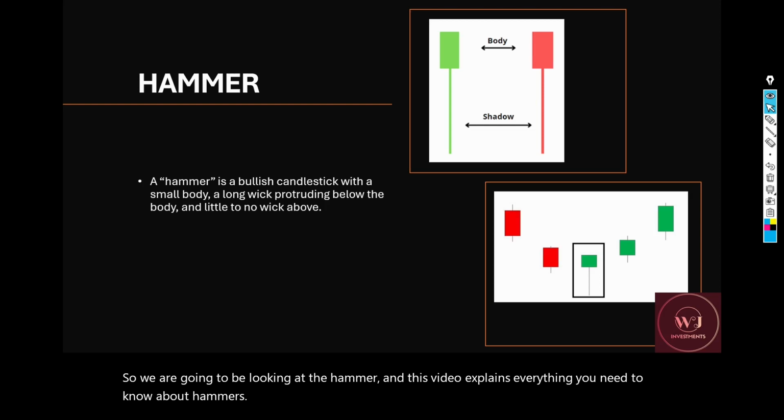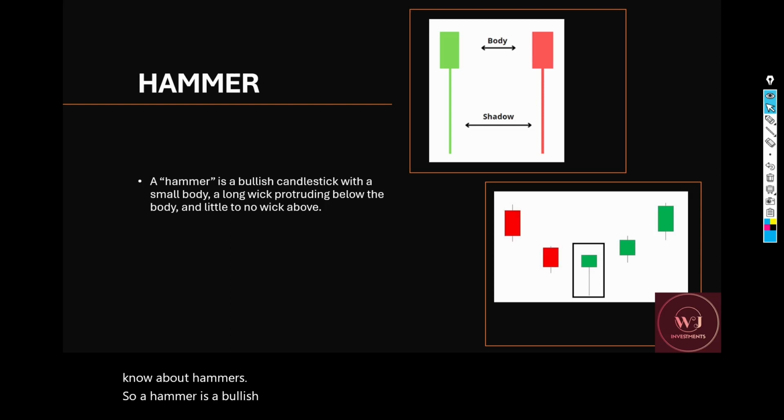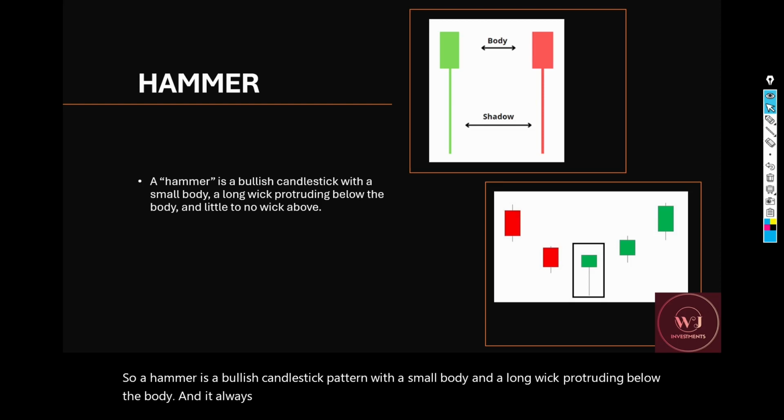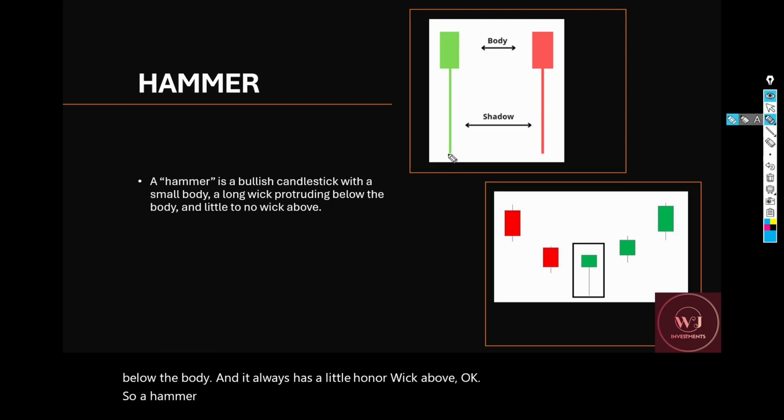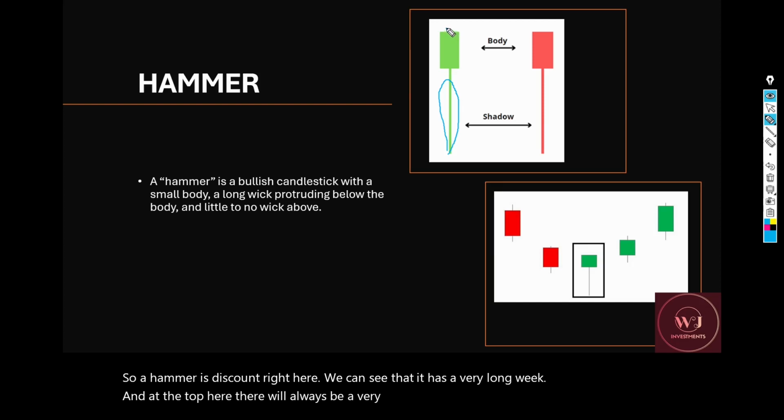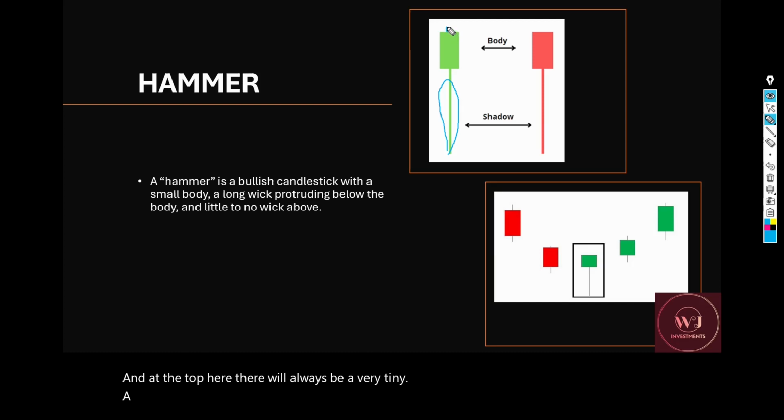So a hammer is a bullish candlestick pattern with a small body and a long wick protruding below the body, and it always has little or no wick above. Okay, so a hammer is this candle right here. It has a very long wick, and at the top there will always be a very tiny wick, or sometimes this wick will not appear.